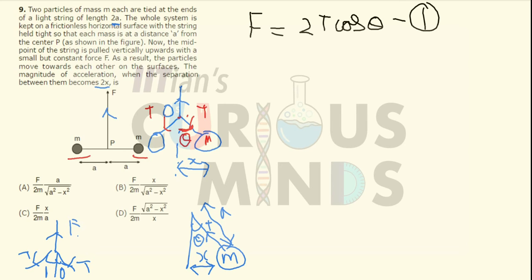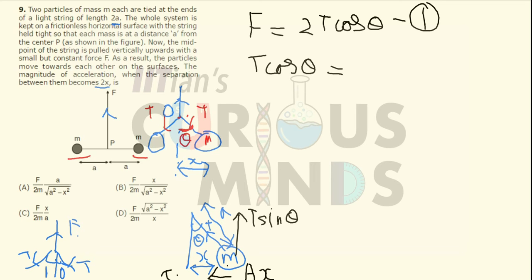Now let me see any individual mass. The T cos theta will be in this direction. Let the horizontal acceleration be ax.